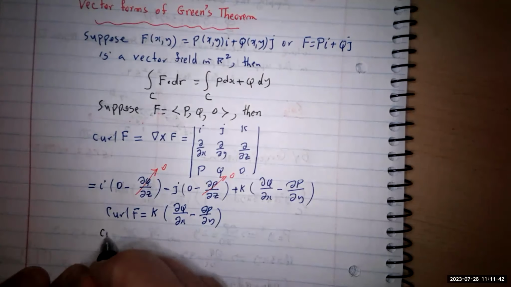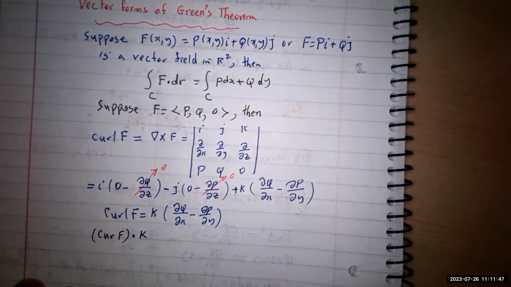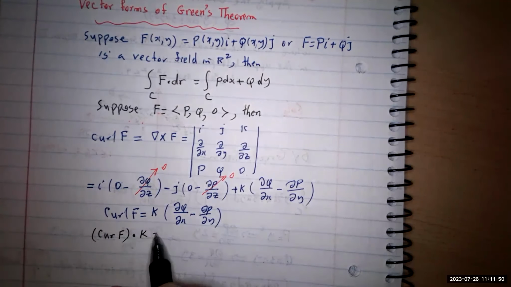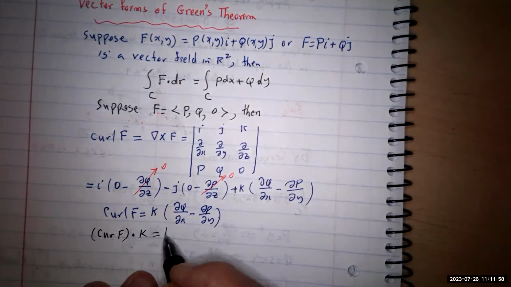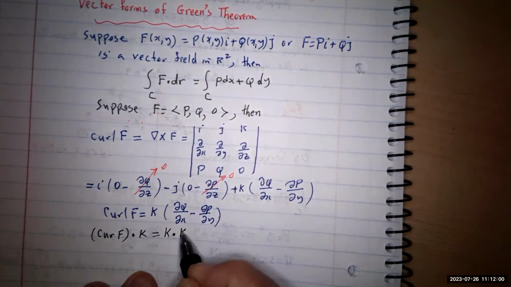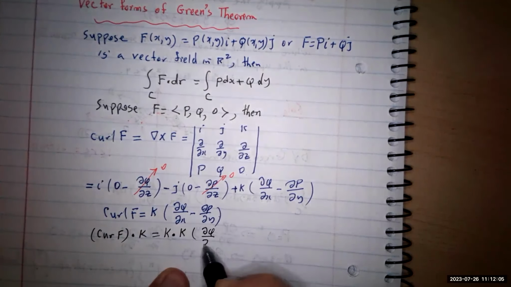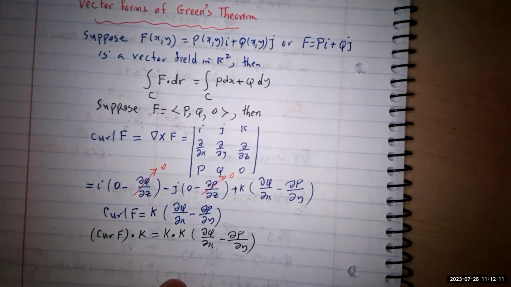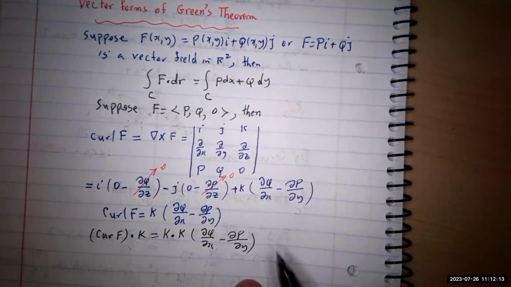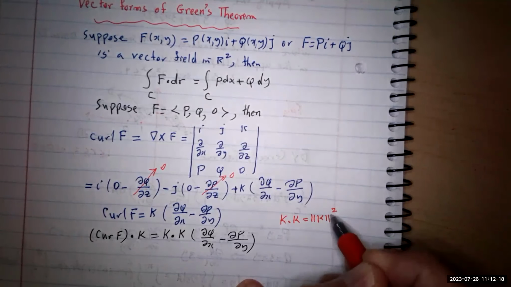So this is going to be the curl of F dot K, equal to, remember this is a scalar, so I can switch it. I'm going to have K dot K, then this scalar part, which is partial Q partial X minus partial P partial Y. But remember, K dot K is just the norm of K squared, and K is a unit vector.